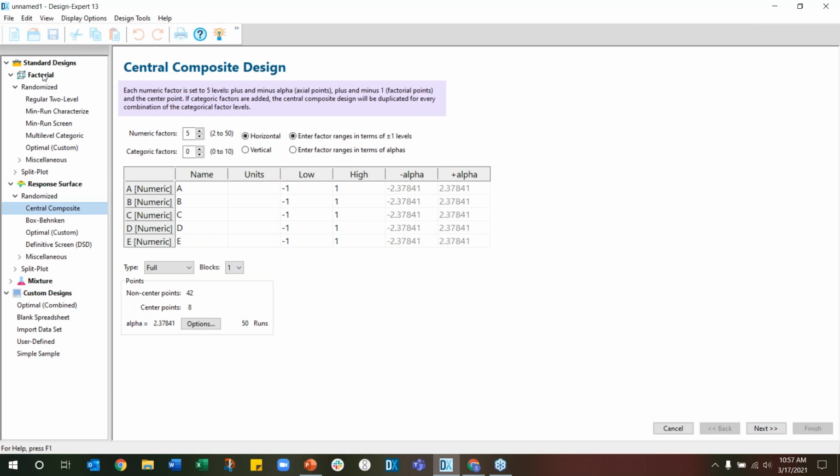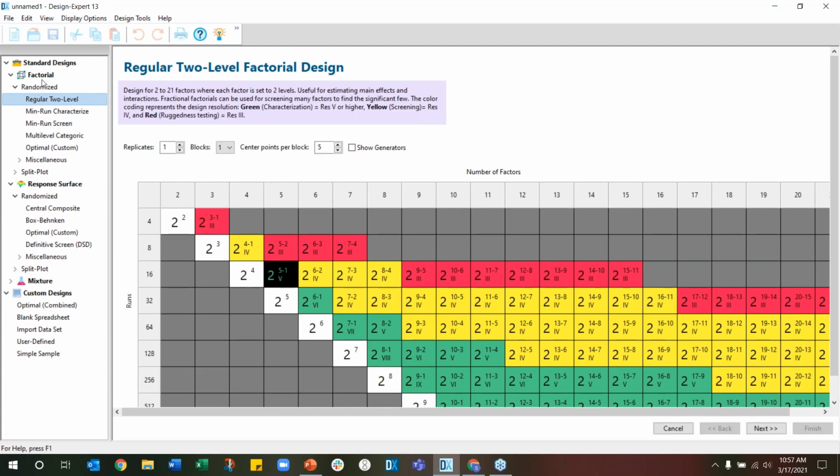Is a factorial design the same as randomization? Well, underneath this factorial, we have randomized designs and we have split plot designs. Split plot designs have restrictions on the randomization, but otherwise, all of the designs, whether they are factorial or response surface, are going to be given to you in a randomized order.